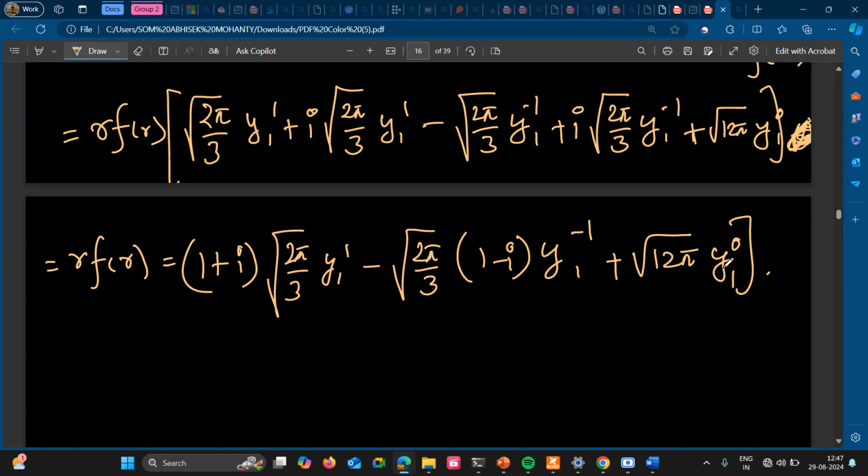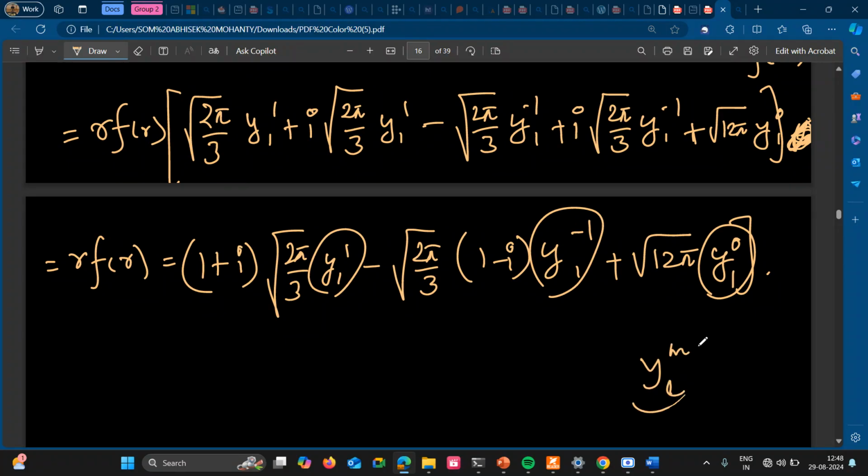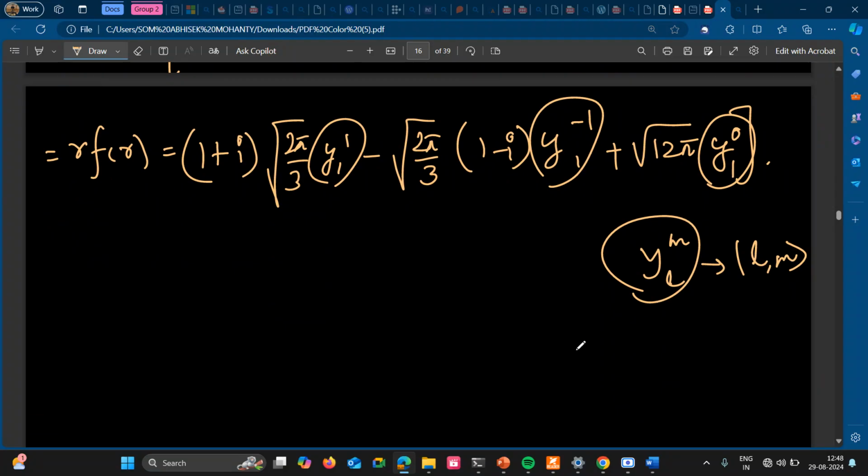Now I will write these things in terms of YLM, because we need the L square expectation value.